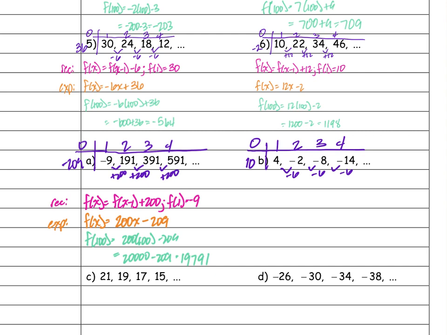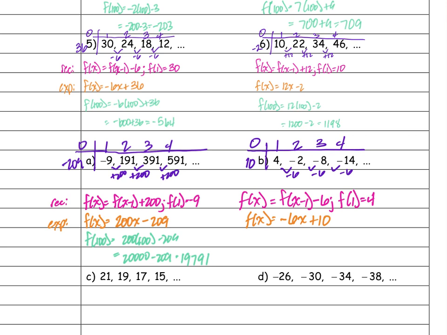So my recursive equation is going to be f of x equals f of x minus 1 minus 6 this time, and f of 1 equals 4. And my explicit equation is f of x equals negative 6x plus 10.